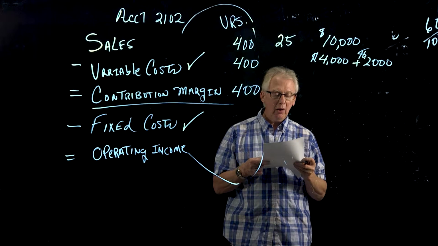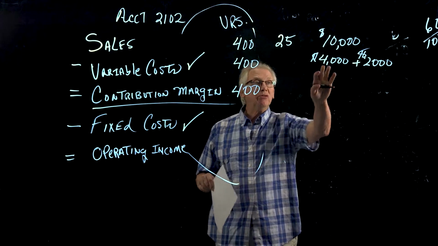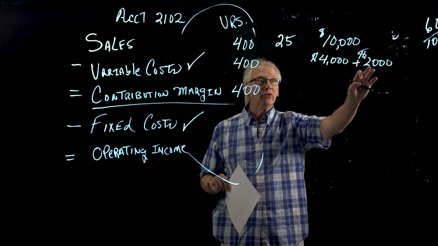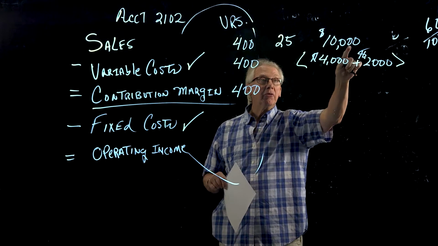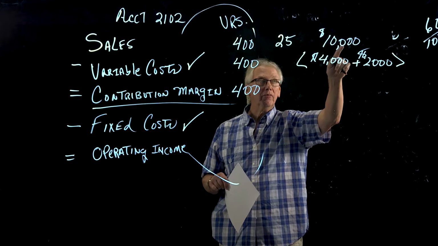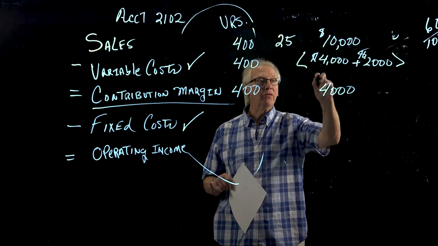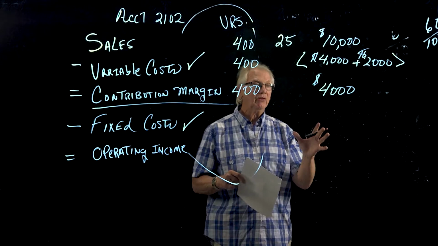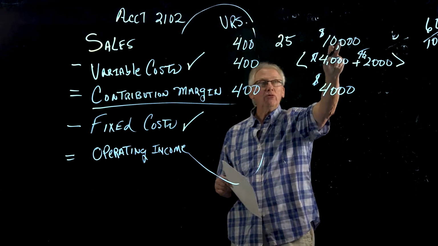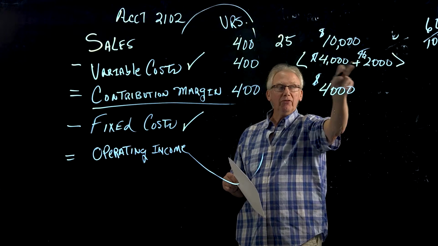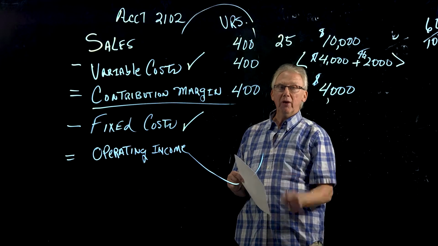Let's add these two together. 4,000 plus 2,000 is 6,000, and let's subtract that from the 10,000. So 6,000 from 10,000 is 4,000. Okay, so 4,000 total dollars is the total contribution margin. Sales were $10,000, total variable costs are $6,000, total contribution margin is $4,000.